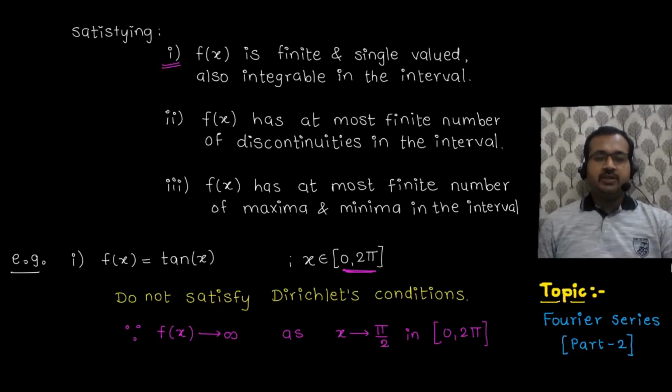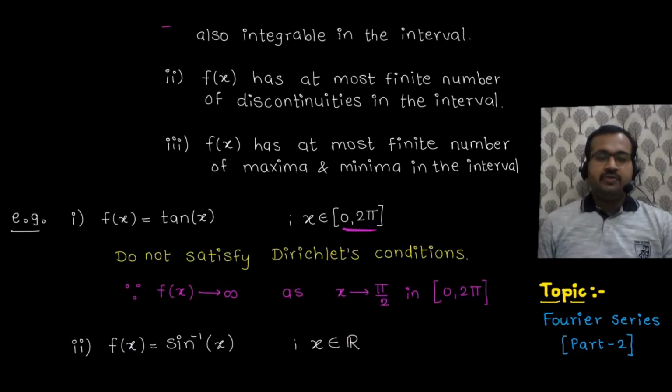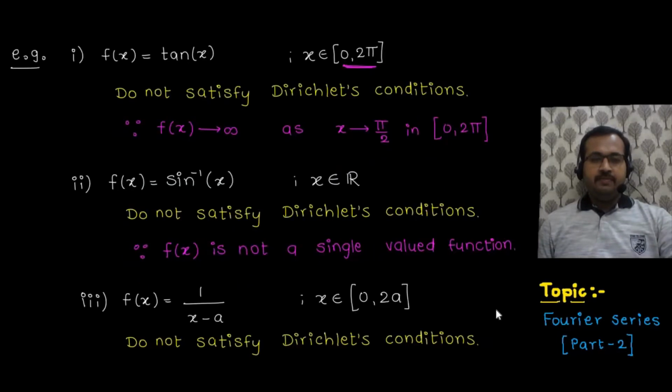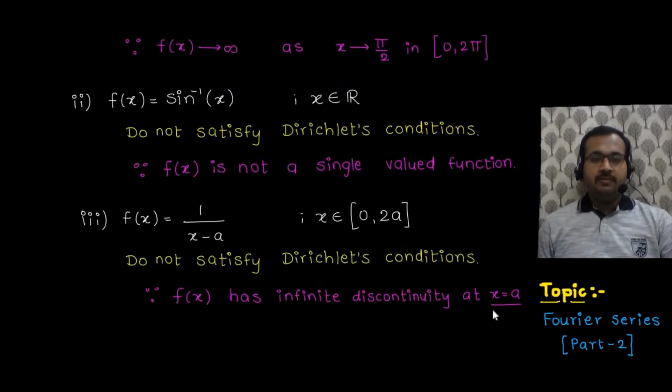Let us consider another example. If we consider f of x is equal to sine inverse x in any interval, then it is not a single valued function. Same is the case with any algebraic function of the form 1 upon x minus a in the interval 0 to twice a. It does not satisfy Dirichlet's conditions because the function is infinitely discontinuous at x equal to a.